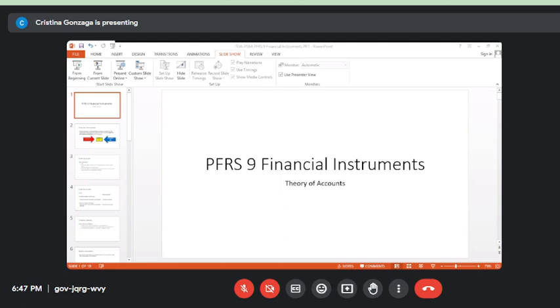So, what is the cash flow characteristic test or SPPI test? Terms of the instrument only provides for cash flows that are solely payments of principal and interest.